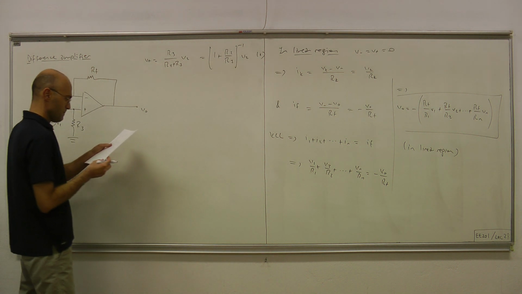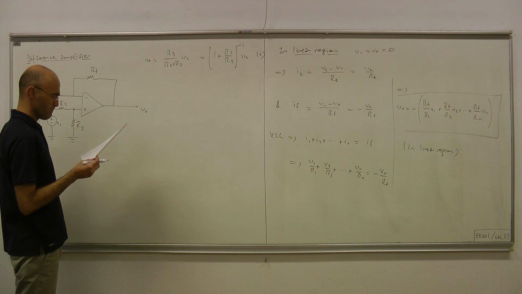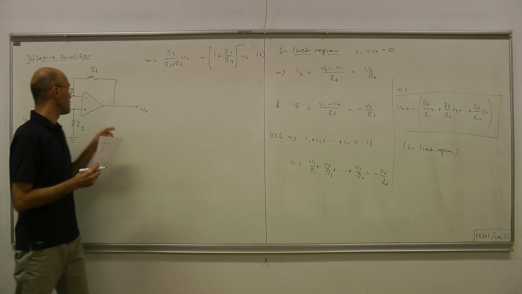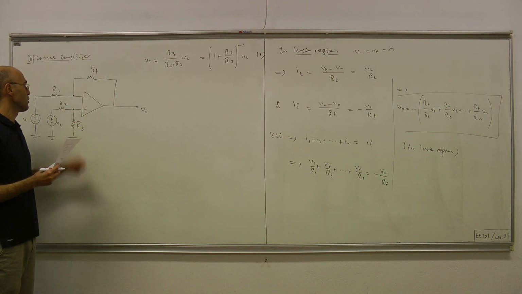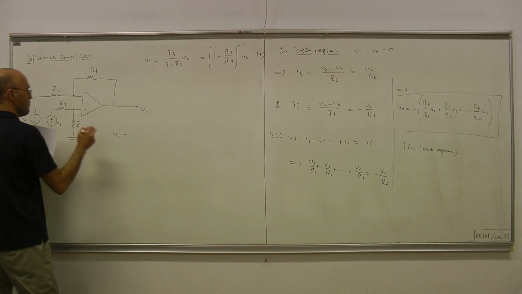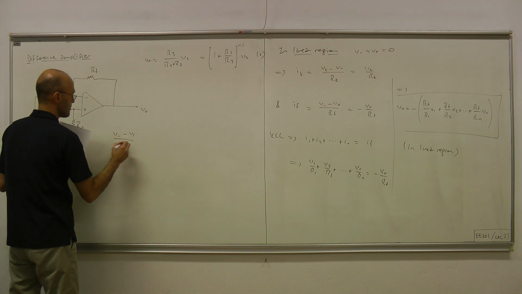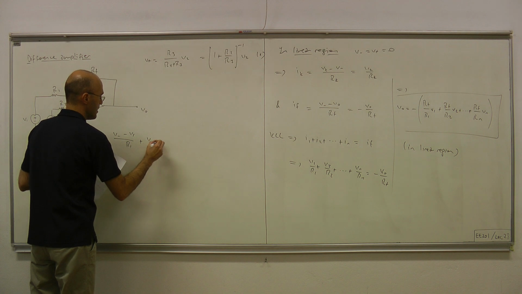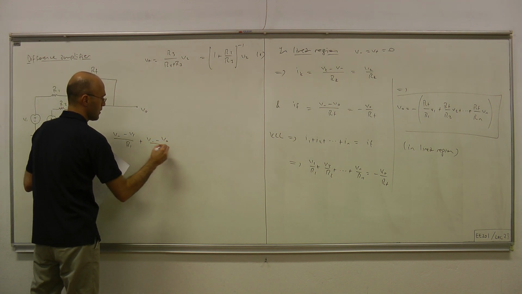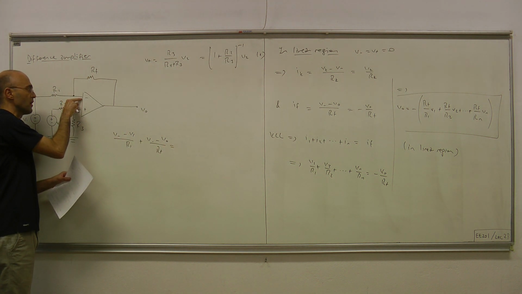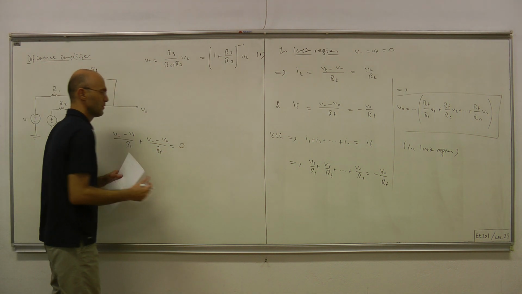And then as for V minus, we can collect some information by writing the node equation in this node. So what we have is V minus minus V1 over R1, this current, plus V minus minus V out over RF, this current, plus this current, which is 0, equals 0.